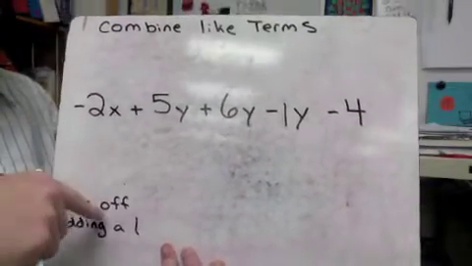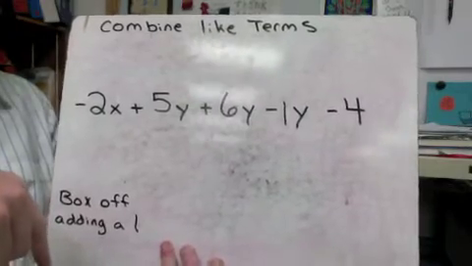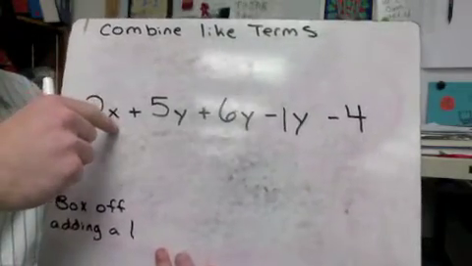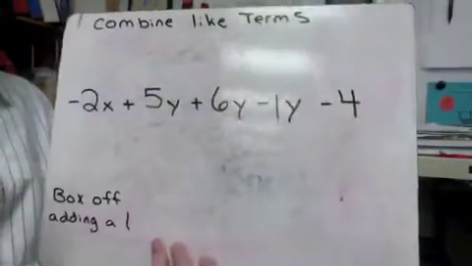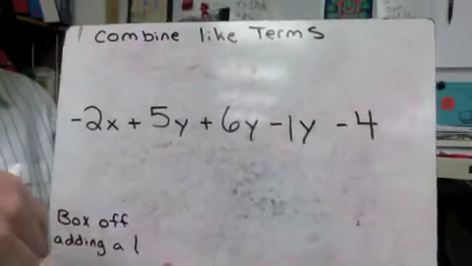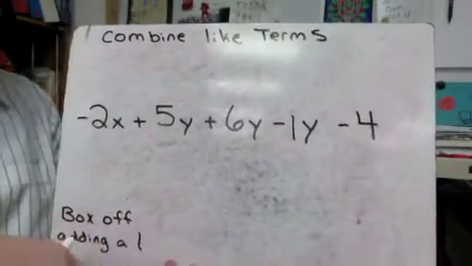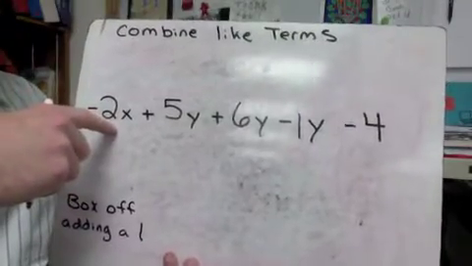The other thing that really helps I call boxing off. How you would do that is you take each one of these variable-number combinations separately and you put a box around it, and you include the symbol that's in front of it. Here is negative 2x.